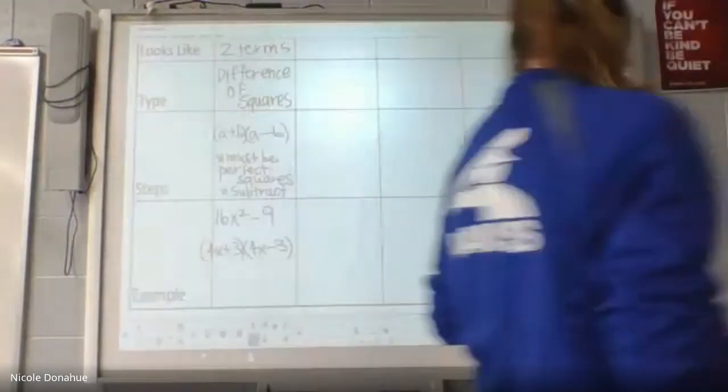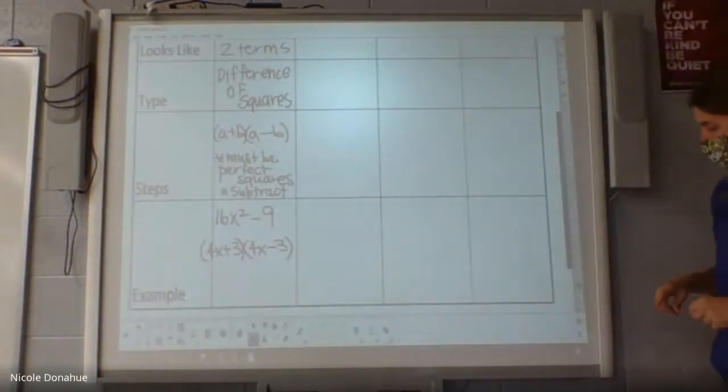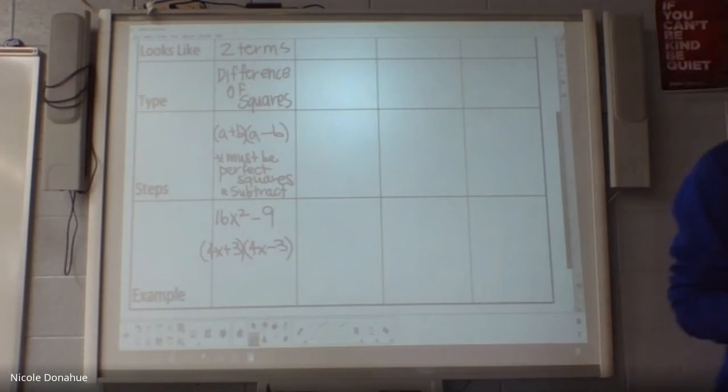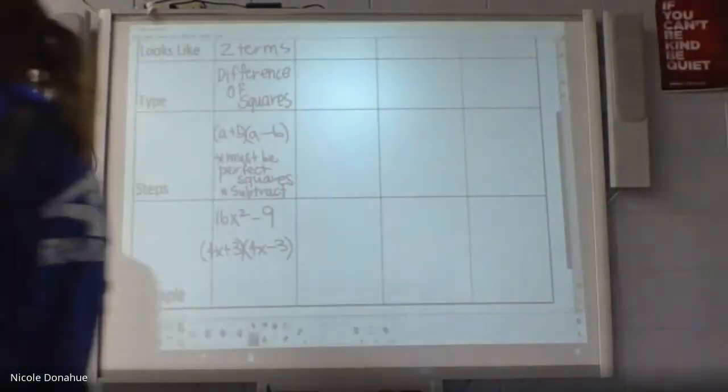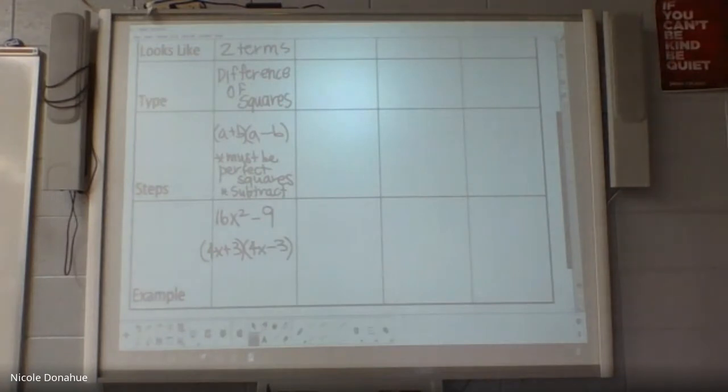Next, sit down. What's the number? 4. That's the one I have. I think I have this one.